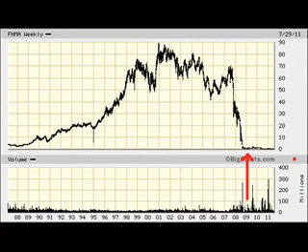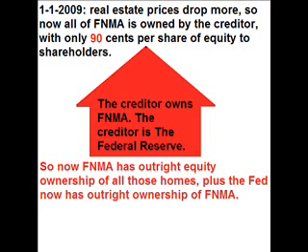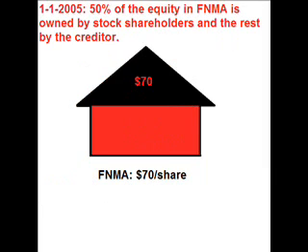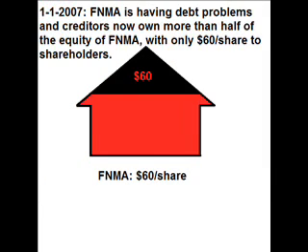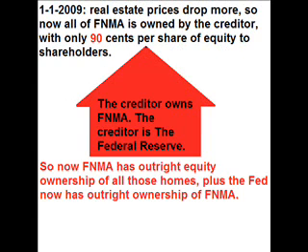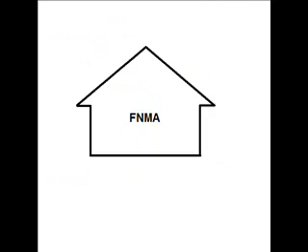Well, not nothing, 90 cents per share, something like that, left to the shareholders. What happened when they go bankrupt? When a company goes bankrupt like that, that means their creditor gets to own the company outright, pretty much, and the shareholders get what's left, if anything. So real estate prices had dropped a lot by 2009. Now all of Fannie Mae is owned by the creditor.